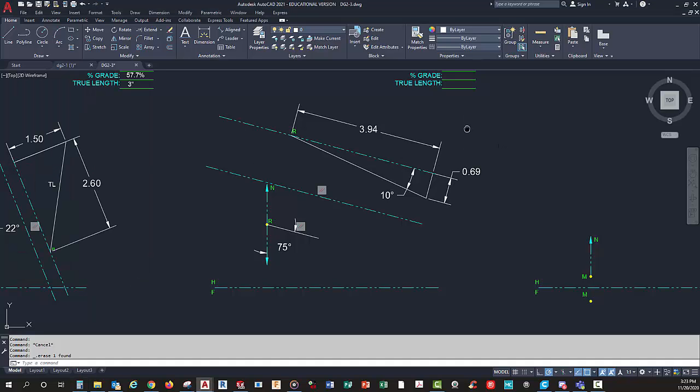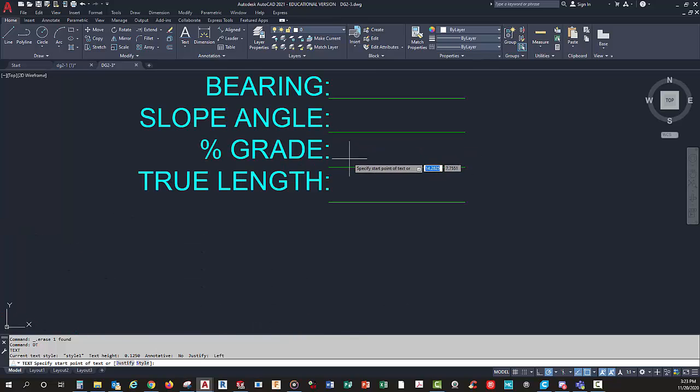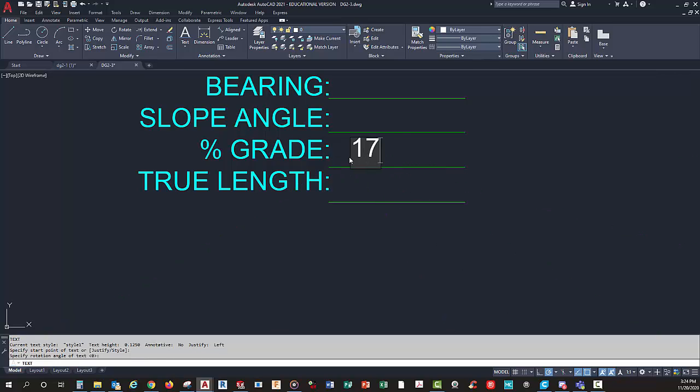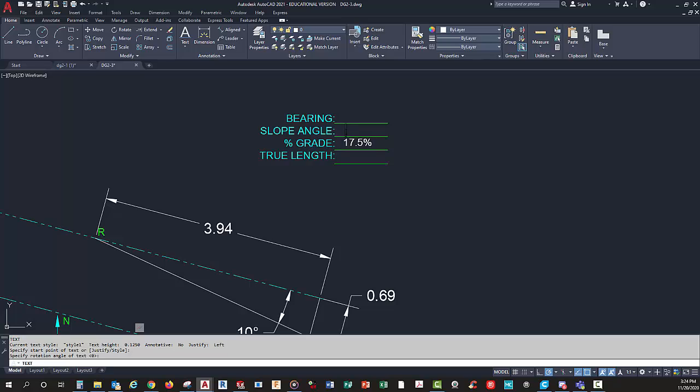All right, so let's go ahead and put that up here, 17.5% grade. Let's see, dtext, 17.5, 17.5% grade. Cool. All right, now what was our slope angle? -10. Let's go ahead and put that on there, -10.